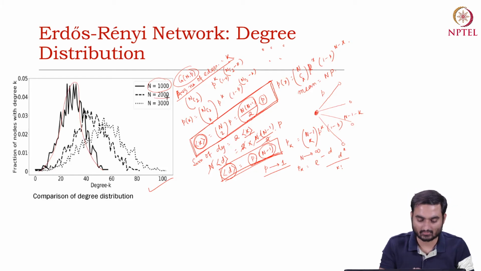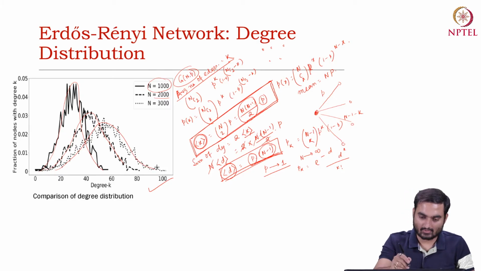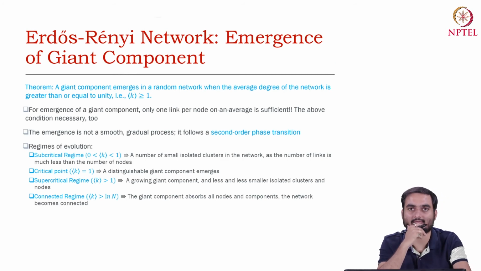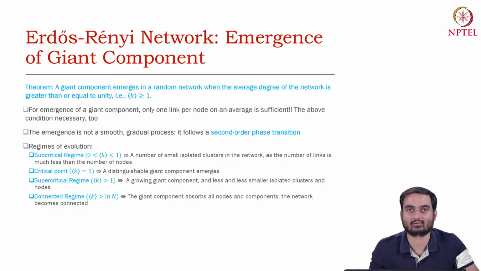When n equals 2000 we have a little bit more spread graph, and when n equals 3000 we have this kind of graph. So now the very interesting point that we discuss is basically the relationship of this random graph model with a giant component.